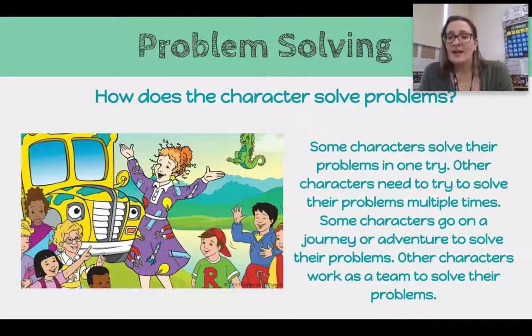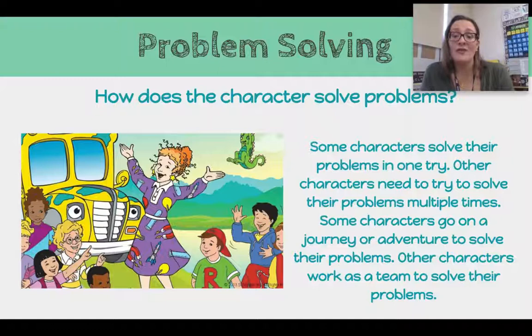And finally, when I think of characters who work as a team to solve their problems, oftentimes when we read Harry Potter books, Harry Potter has a whole team with him. He has his friends with him that are helping him solve his problems. When I look at the Henry and Mudge books or Narwhal and Jelly, they're solving their problems together.